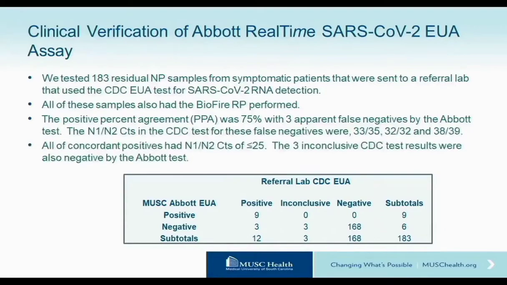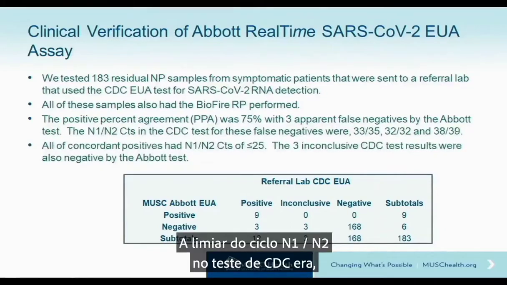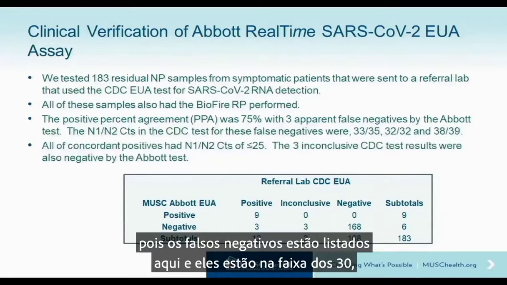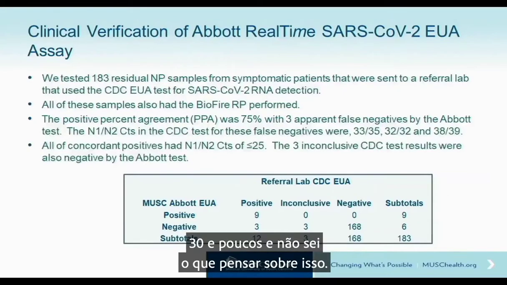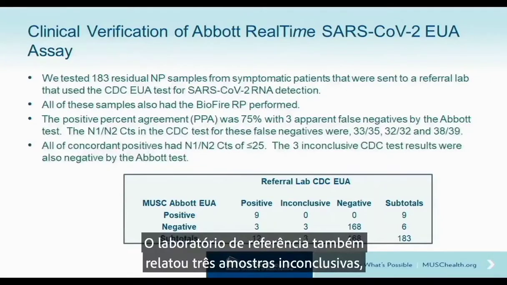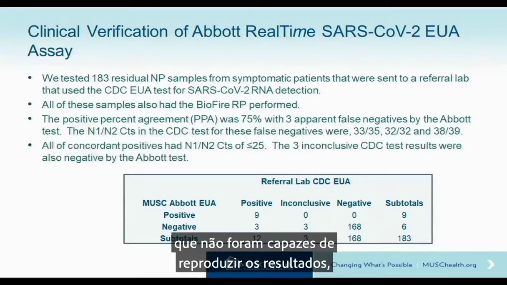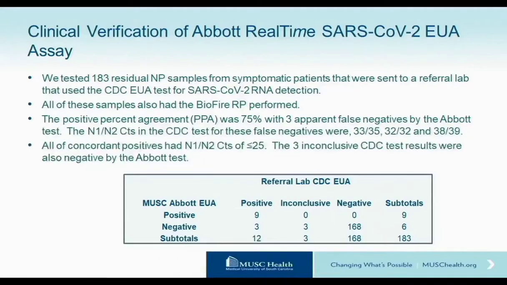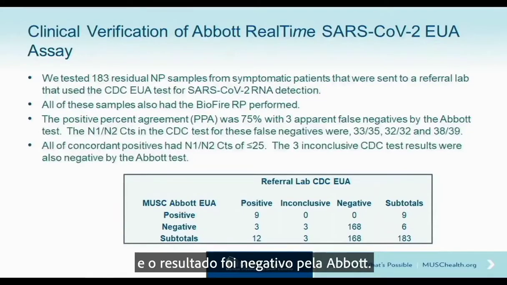The N1, N2 cycle thresholds in the CDC test for the false negatives are listed here, and they're in the low 30s to high 30s. I'm not sure what to make of that. The referral laboratory also reported 3 inconclusive specimens that they were unable to reproduce the results. They tested negative by Abbott.